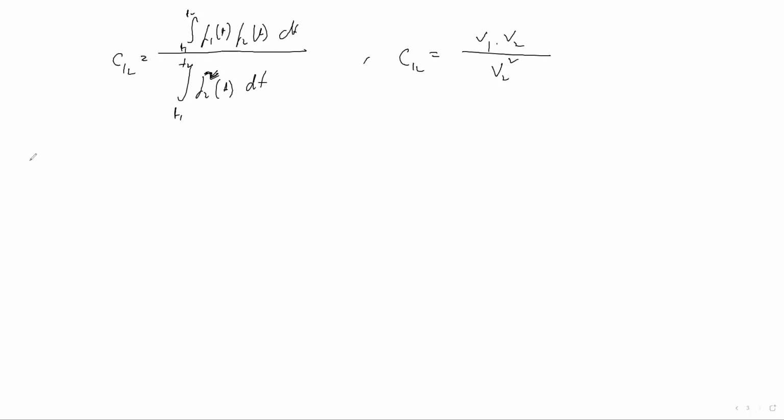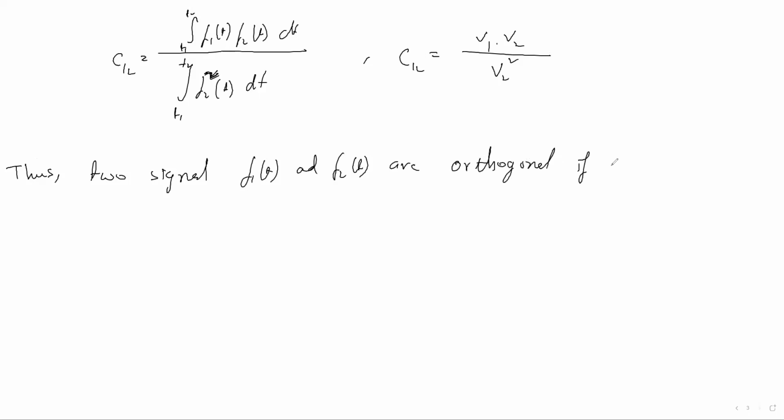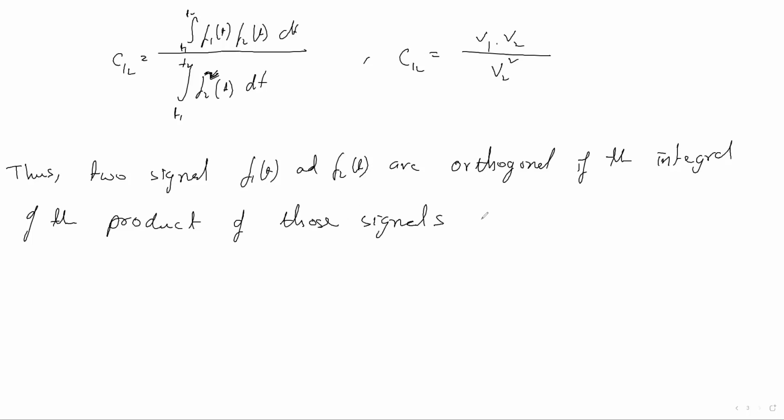For signals, you can write the orthogonal definition like this: two signals f1(t) and f2(t) are orthogonal if the integral of the product of those signals is 0.